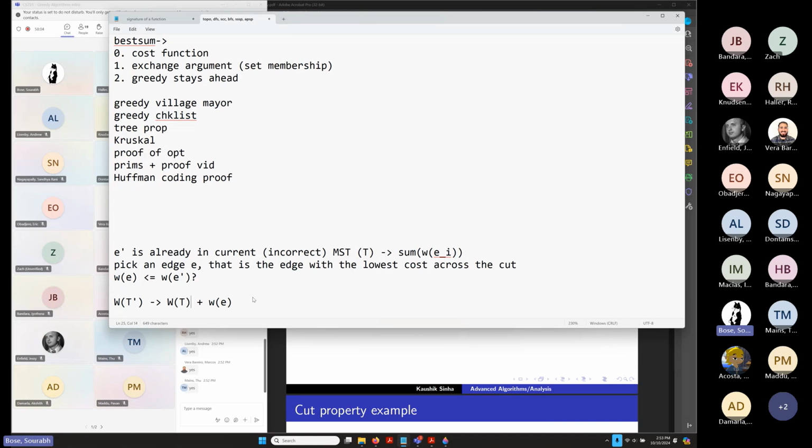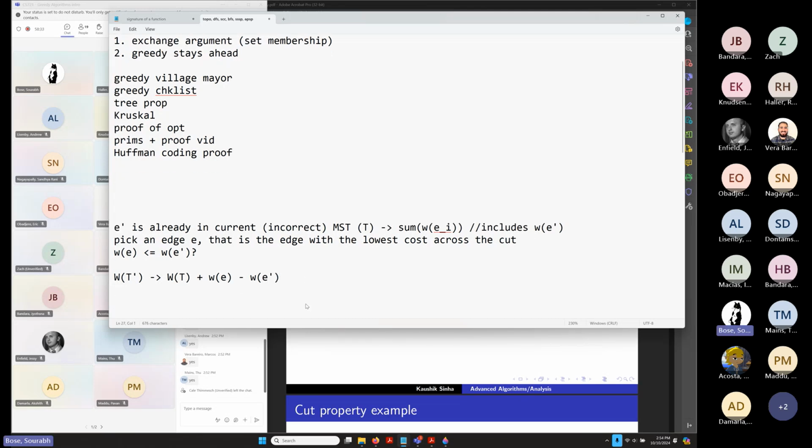Remember, by the way, this capital T already contains the E prime thing, right? So it includes the weight of E prime, correct? So essentially this includes the weight of E prime and we are adding this cost. Now, since this is going to create a cycle, so it is no longer a tree, we are going to subtract out the cost of this W of E prime. Do you guys see that if that is the new W of T prime, can I now claim W of T prime is less than or equal to W of T?